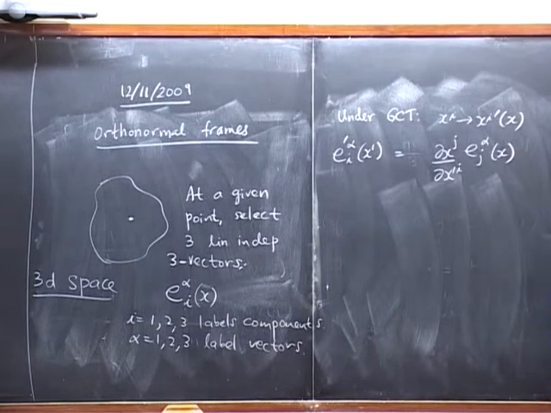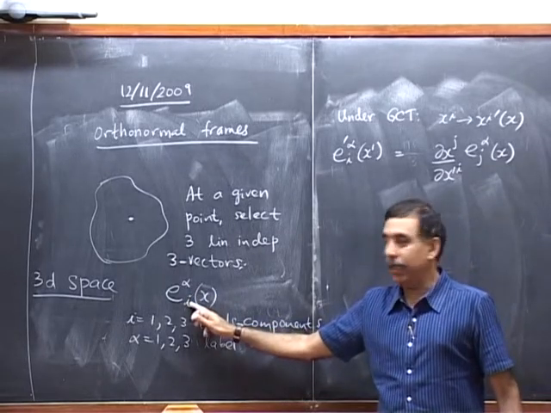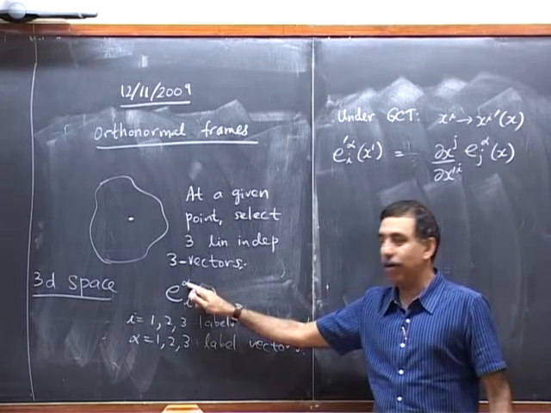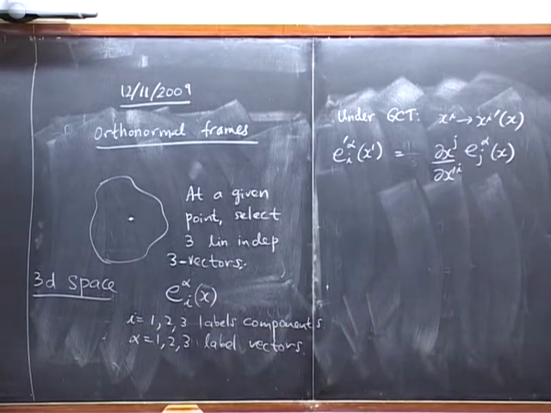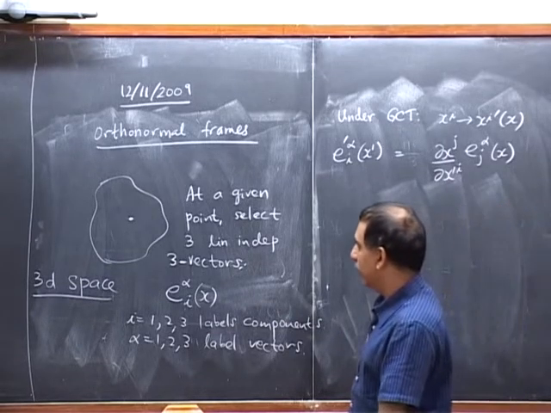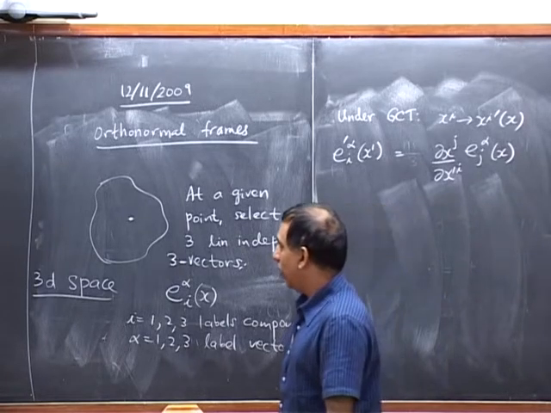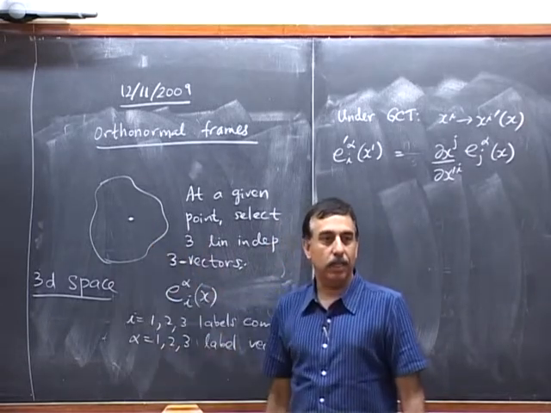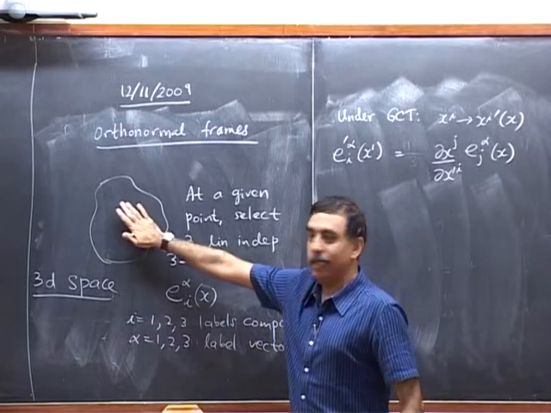Okay. It's important to understand because it's the first time we are encountering an object with 2 labels, but really only one of them is a vector index, the other is just a label. We could as well have called it red, green and blue at this moment. Now, we are introducing this. I haven't given you perhaps a complete motivation, but just to tell you very roughly, what I want to do eventually is to take all other vectors and tensors which transform under general coordinate transformations and measure them in some kind of frame determined by these vectors.